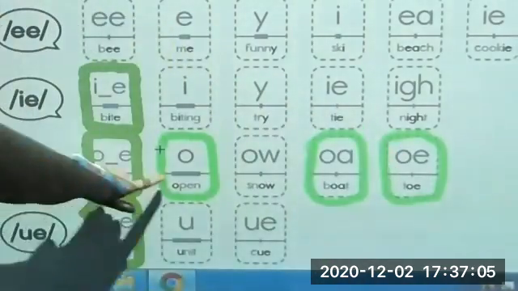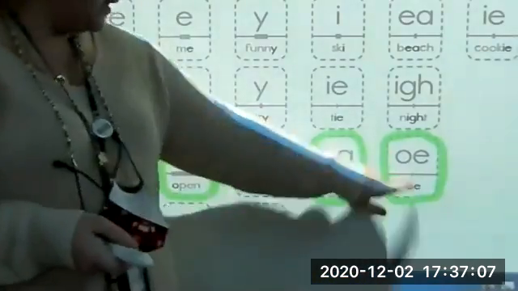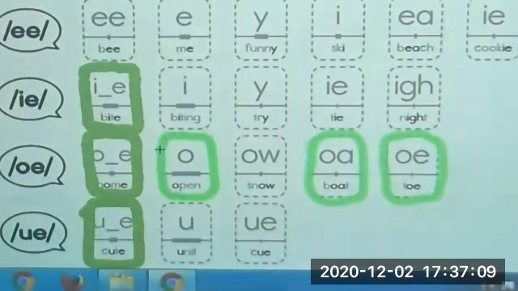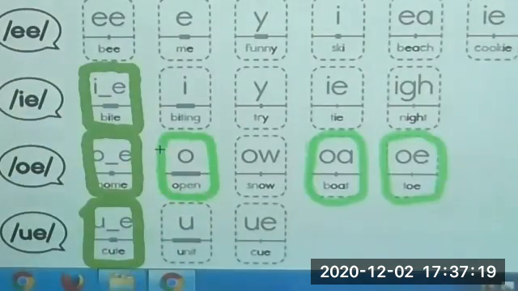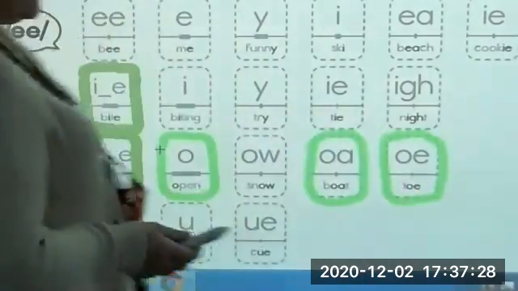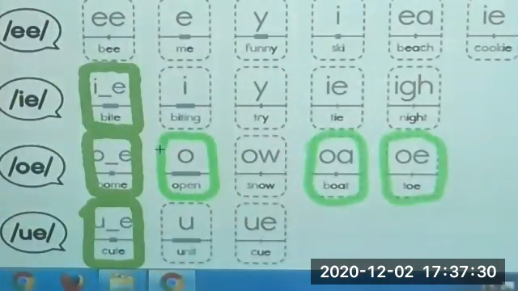Look at the power bars for each of them. Which one of them do we use the most often to spell the sound O? That's right, we use the letter O. It has the biggest power bar. Which one do we use the least? The OE, it has the smallest power bar. Good job, guys.